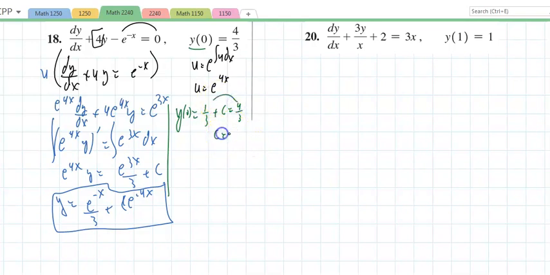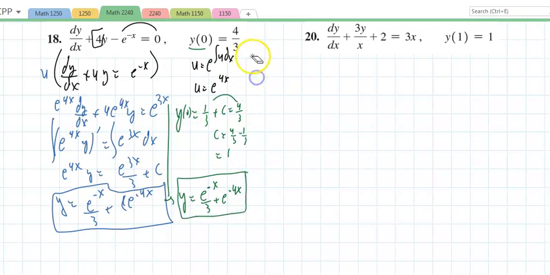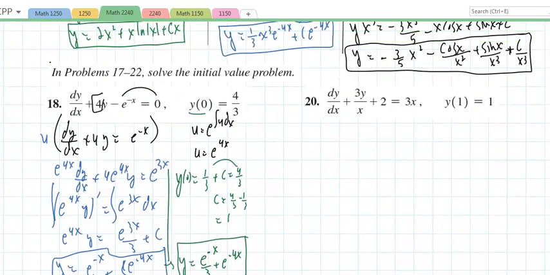So c equals 4/3 minus 1/3, 3/3, which is 1. So y equals e to the negative x over 3 plus e to the negative 4x. And that's pretty much it with initial conditions. Nothing different than what we did, and I want to tackle one more.